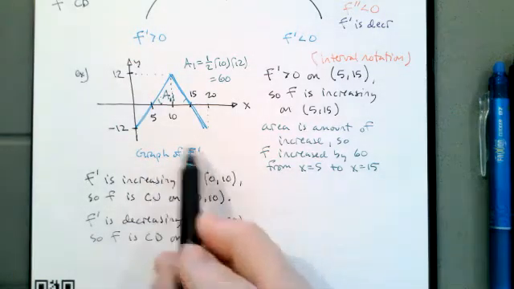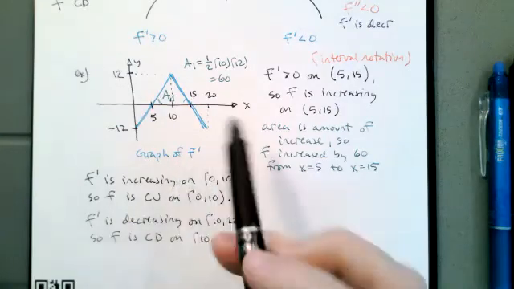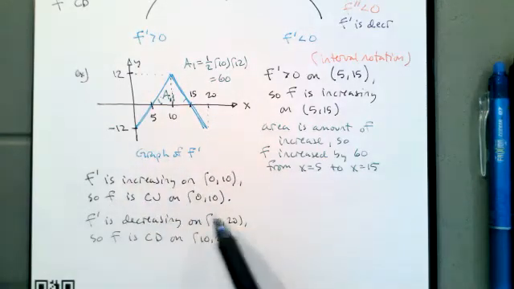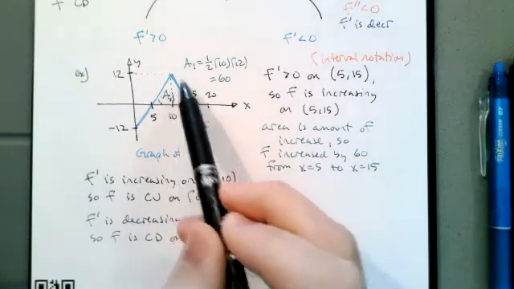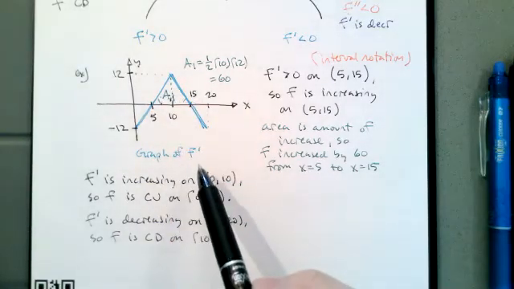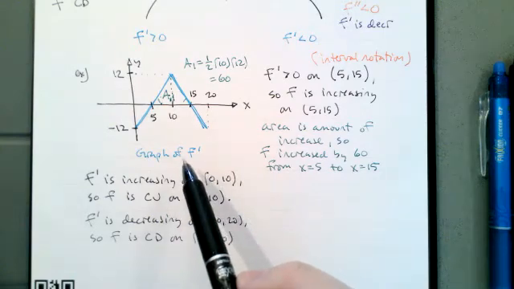So the direction of the derivative tells us about the concavity of the function. The sign of the derivative above or below the x-axis tells us about the direction of the function.